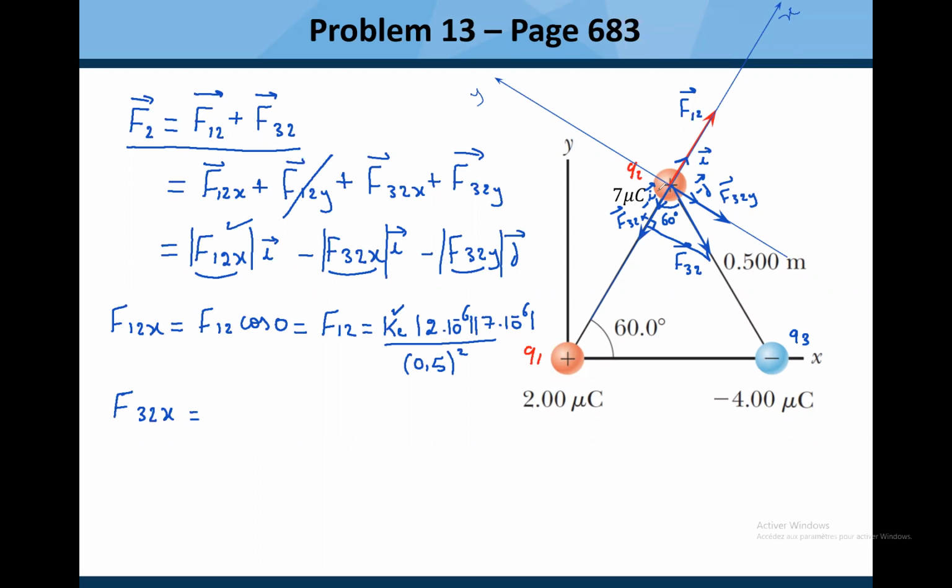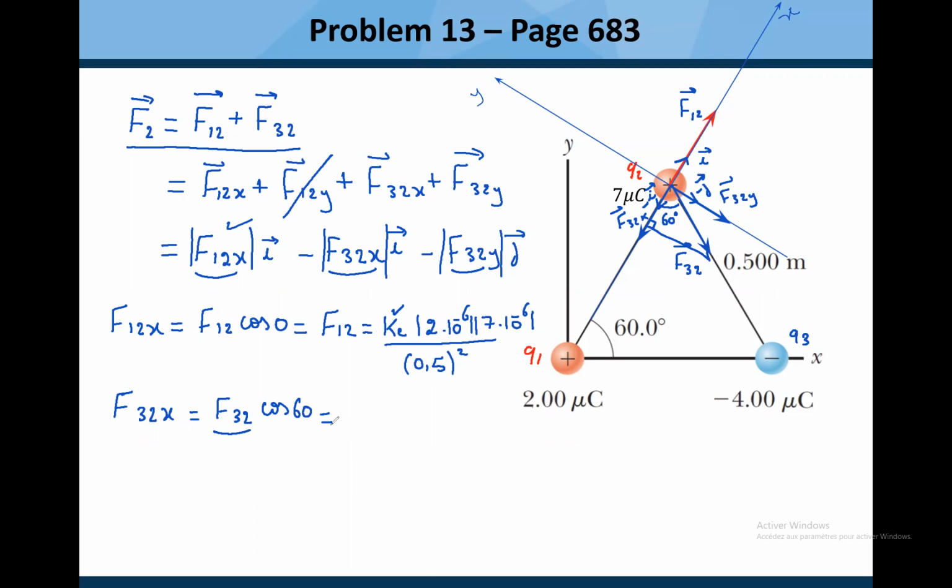To calculate F32x, we have to use cosine 60. Cosine 60 equals F32x divided by F32, so F32x equals F32 cosine 60.